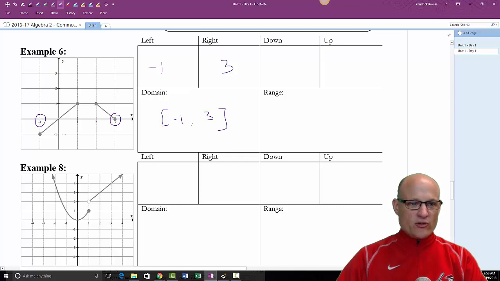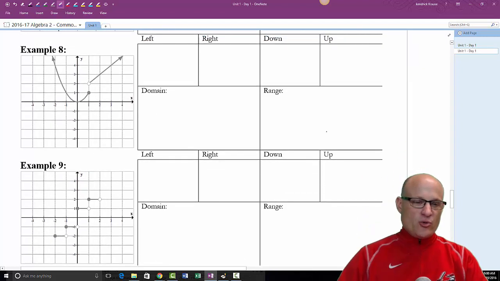Range. The lowest y value down here is -1, and the highest y value is up here at +1. So, I look up and down, am I using every value between -1 and 1? And I am, so I'll go -1 to 1. So this one's not too bad.